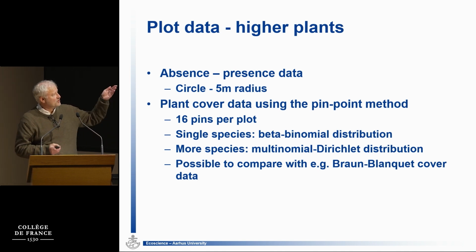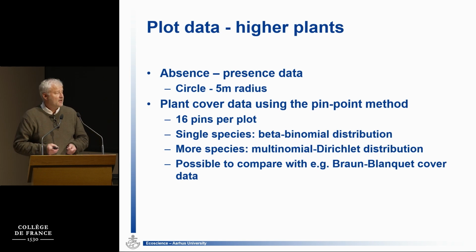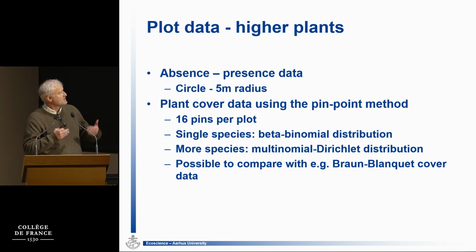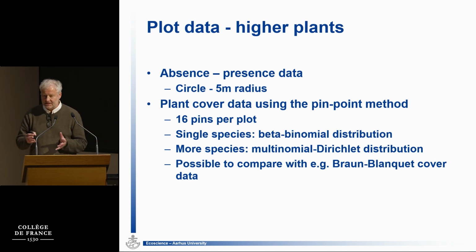That's the generalization of the beta binomial distribution, the multinomial Dirichlet distribution. The distribution of the pinpoint data is quite well characterized by these 2 types of distribution. And it's also possible to compare with, for instance, Braun-Blanquet cover data or other of these classification systems of cover data.